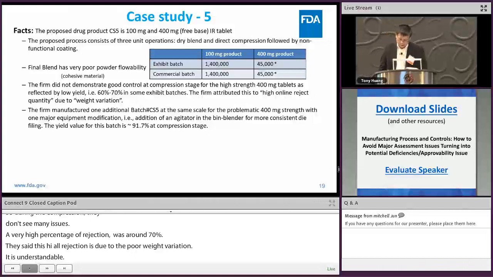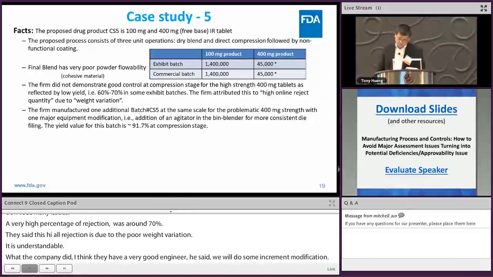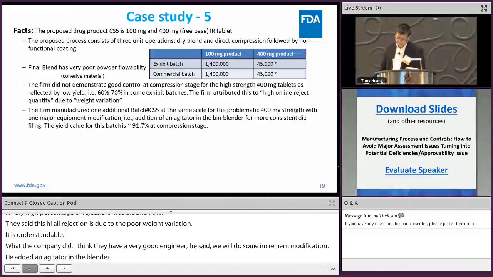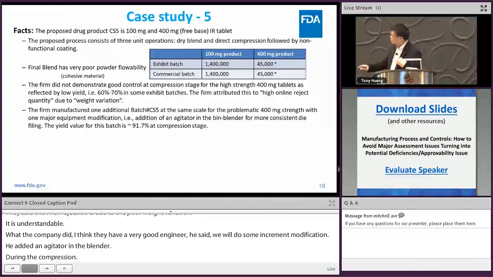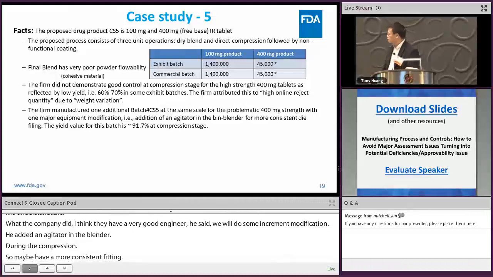So they added an agitator in the beam blender during the compression, so they will have a more consistent die filling. They used that modified blender for one batch, and they got a pretty decent yield, 91% yield.